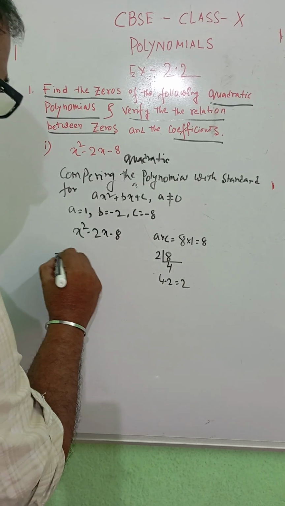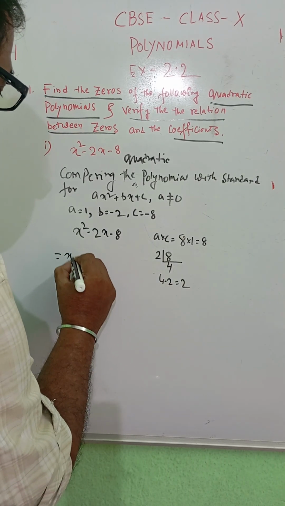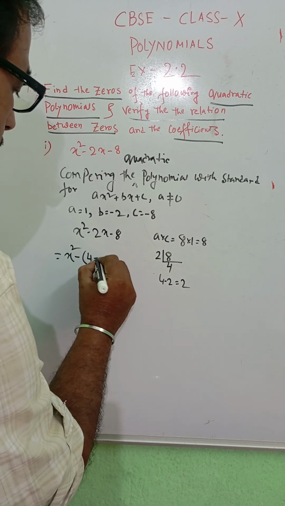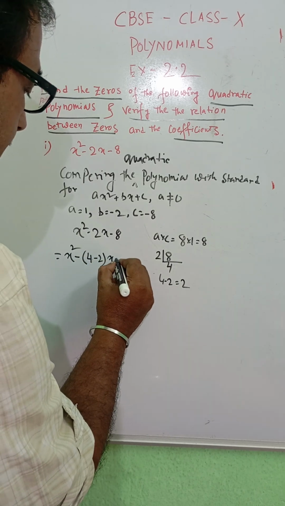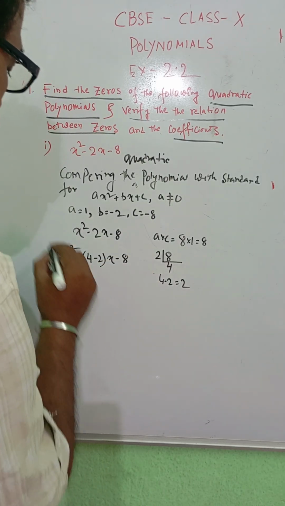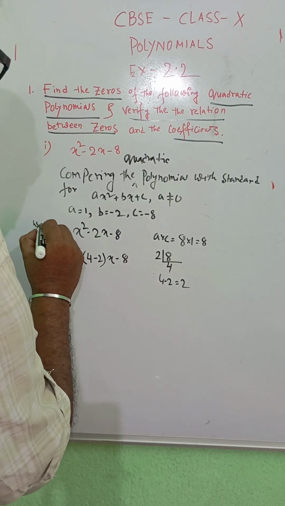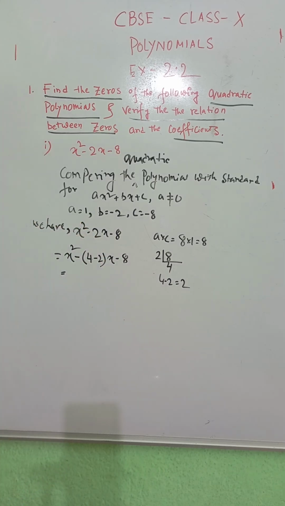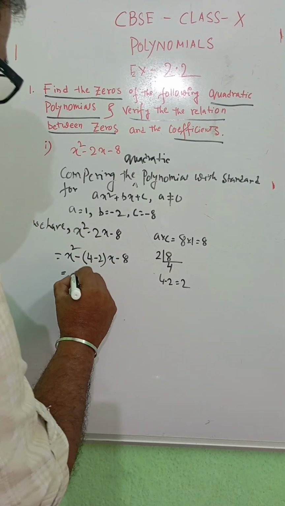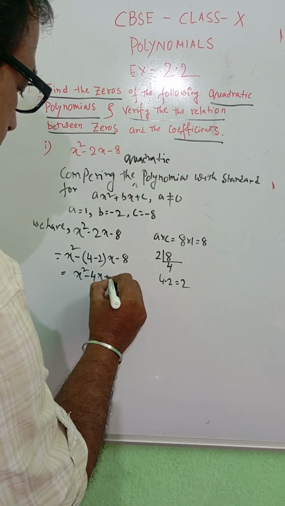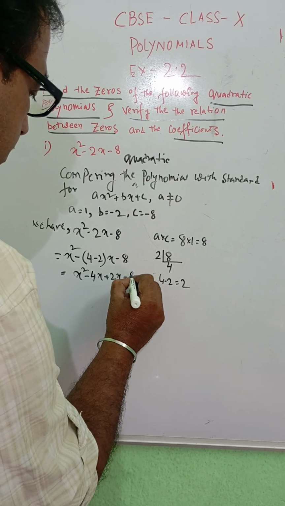So that we can write x square minus 4x plus 2x minus 8. This is what we have to write in the question paper.